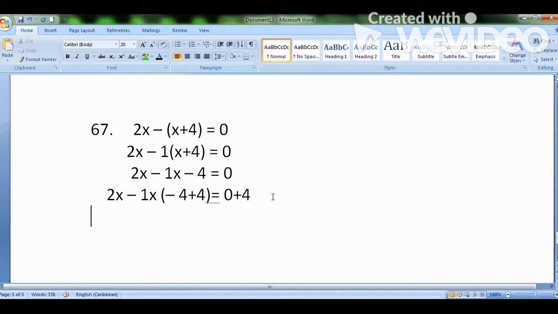So you'd have x equals 4. How do you get x? 2x minus 1x, you'd have 1x equals 4, because 0 plus 4. That's the answer. Or you could just say x equals 4.